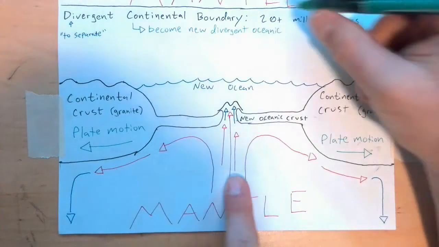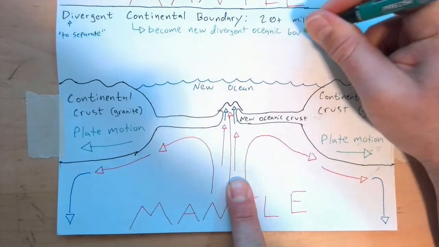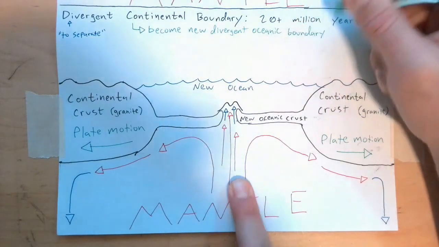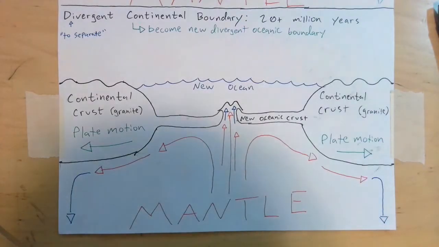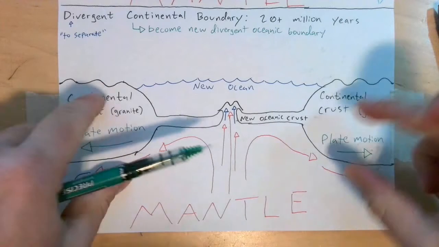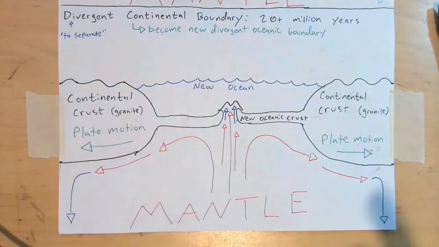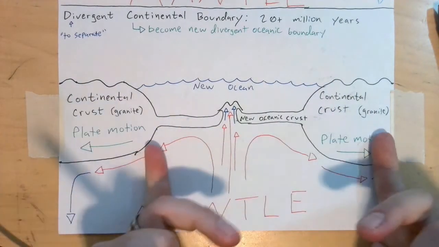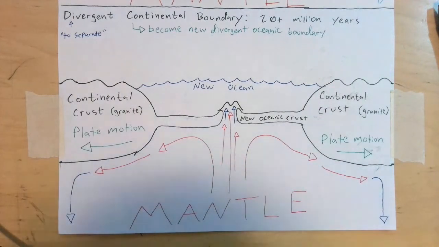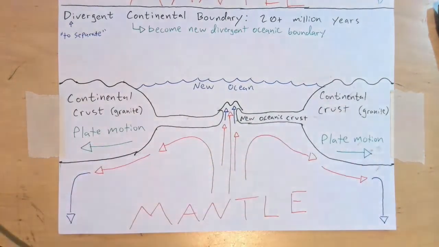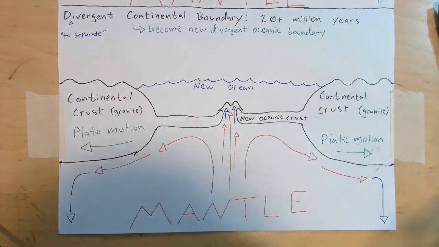Because that's really what this is at this point. Since what's splitting now is not the continent stretching, but it's the ocean spreading out, this isn't really a divergent continental boundary anymore. It's the evolution of a continent that has split in half.